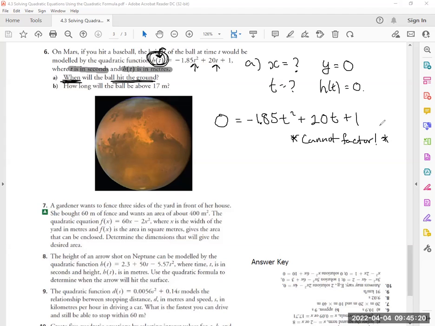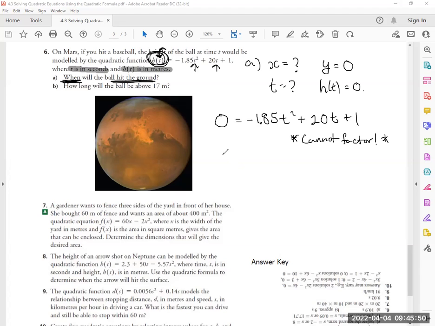If you ever get to a point where you cannot factor, quadratic formula. Fun fact or helpful hint, even if you could factor, if you don't like factoring, you can use quadratic formula. They are one and the same. Quadratic formula essentially does the factoring for you, per se, and finds you what the roots are.